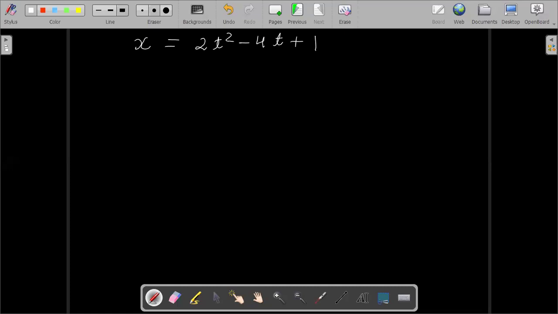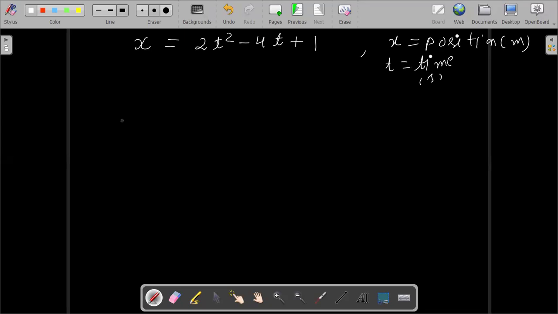Can you find the expression for velocity of the particle?